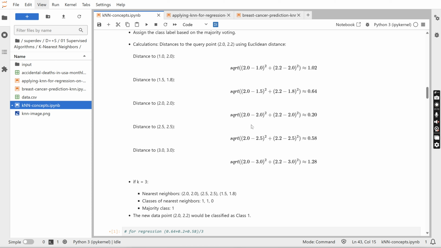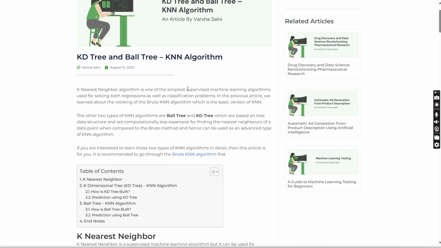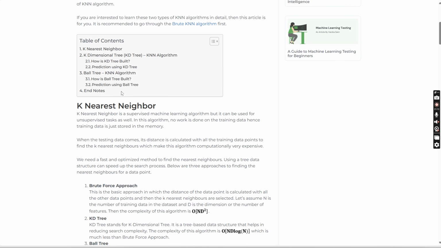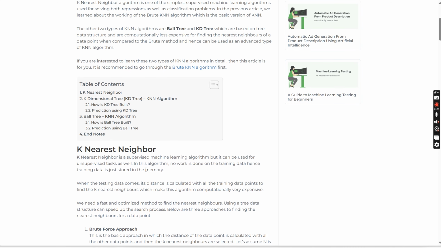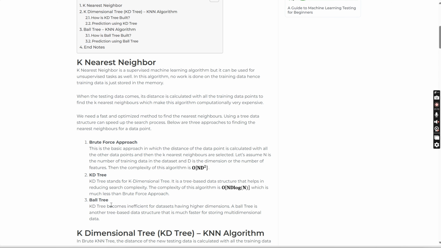Brute force means you compare it against everything. So that is what we did here. That apparently is not a good option. Instead we have KD tree and ball tree as the two different types of calculations.